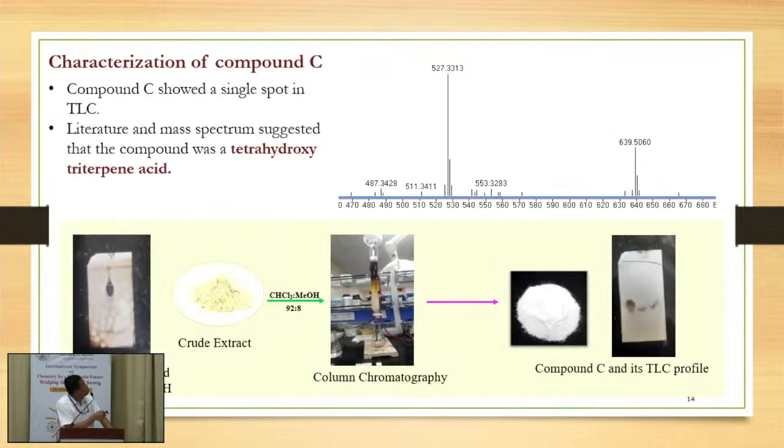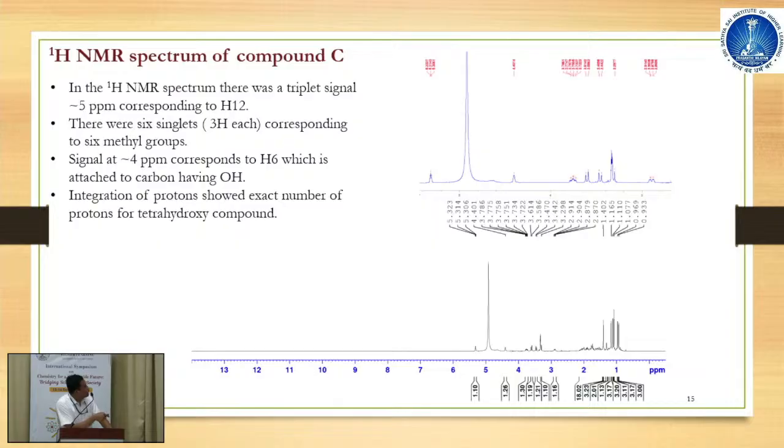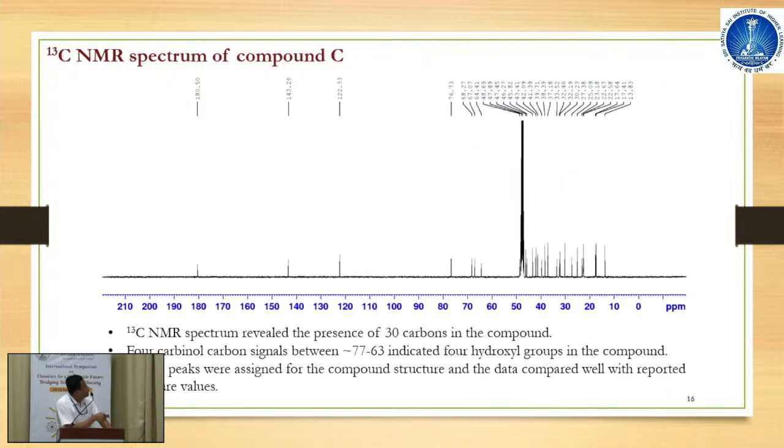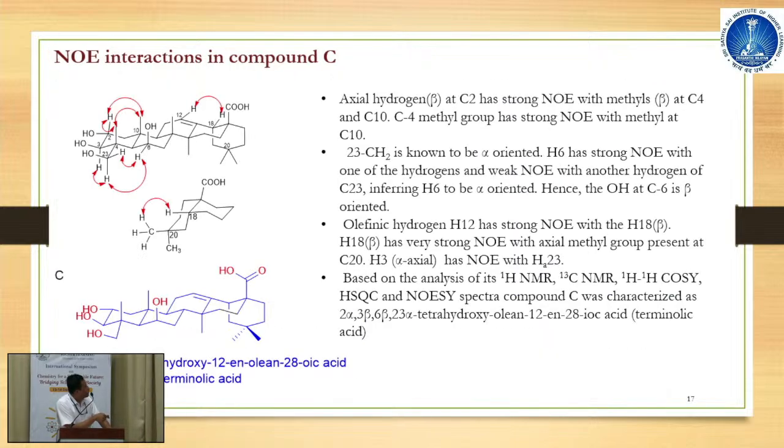Now coming to the characterization of C, we again recorded LCMS and found that this compound is a tetrahydroxy acid. After further purification and characterization with 13C NMR and 2D NMR, we came to know that this is terminolic acid. And this was the first time it was reported from Terminalia arjuna.